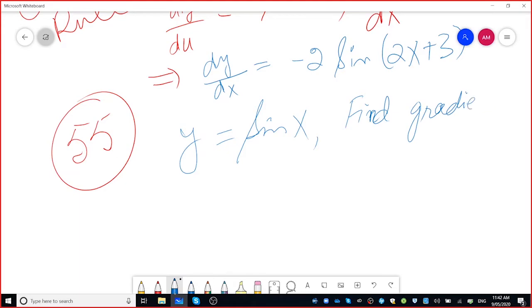Gradient is a slope, and how do you find that here? By using the differentiated equation and substituting the x value. So this is a gradient. And the value was at the point. So what is the point? Pi over 6 comma 1 over 2.